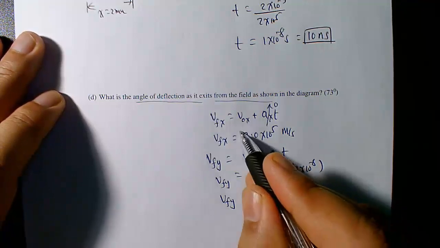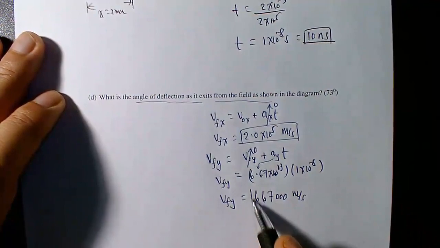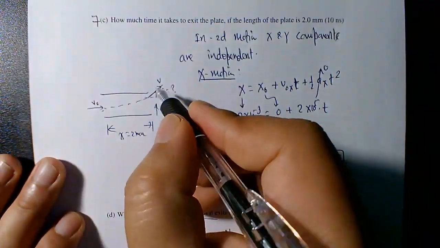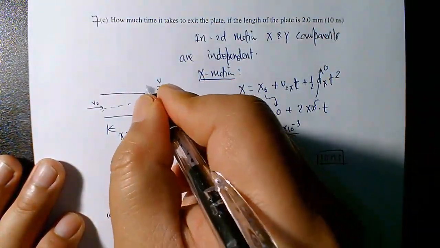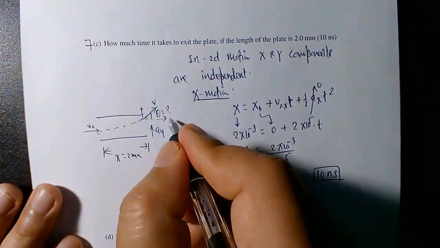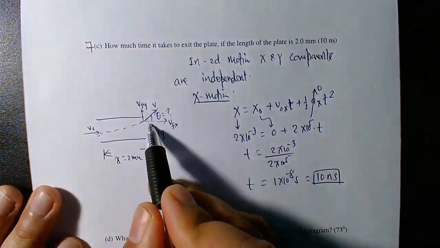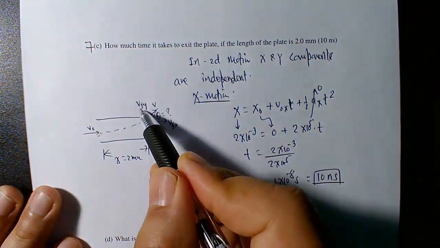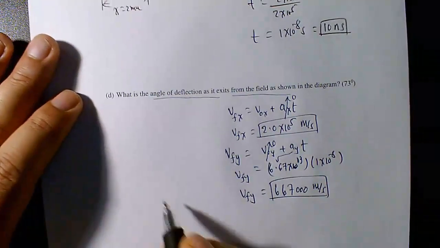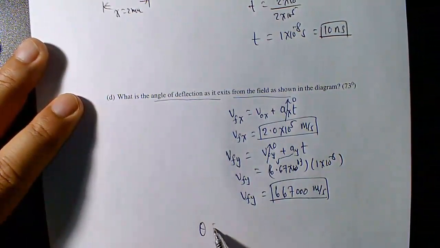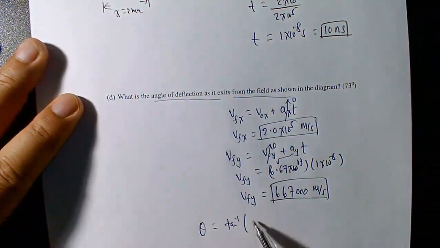Now you have the x component and the y component of the final velocity. From vectors and trigonometry, the angle of deflection is tan inverse of the y component divided by the x component.